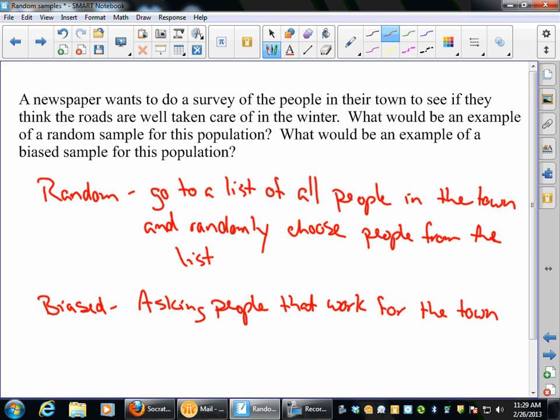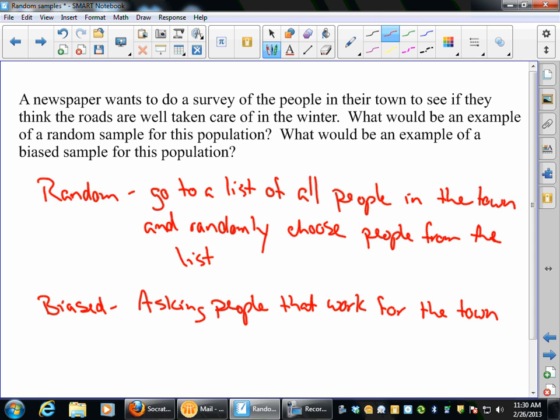If you ask the plow truck drivers if the roads are well taken care of in the winter, they're probably going to say yes since it's their job to do it. So obviously, just asking them would not make much sense. That would be a very biased population, and so we wouldn't get very good information.